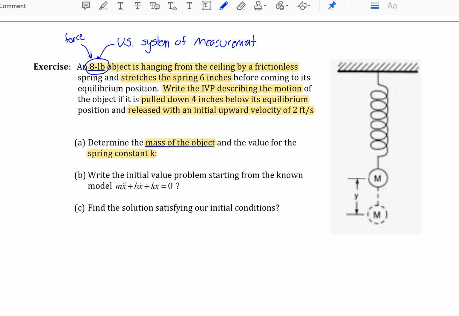So what we have to do first is determine what the actual mass of the object is. And this is where we use Newton's second law. Newton's second law says your force is your mass times your acceleration. Or if you're interested in mass, it's your force divided by your acceleration.